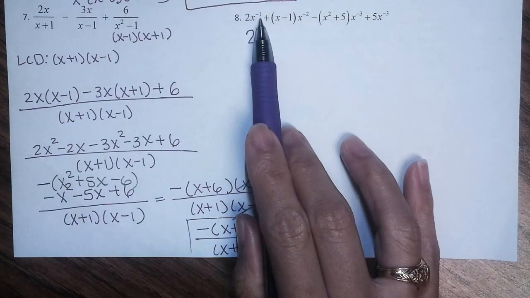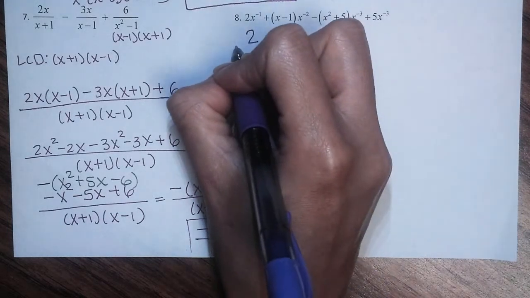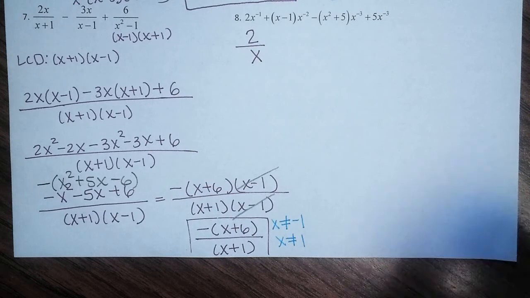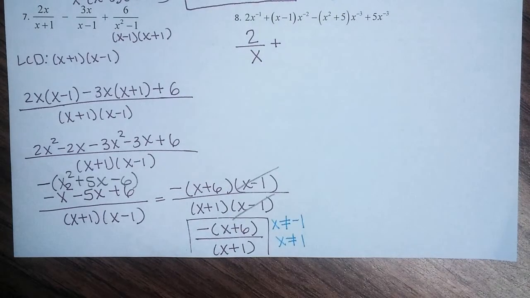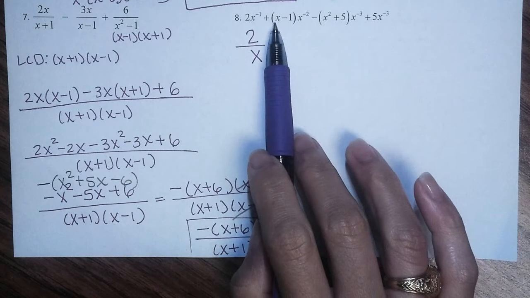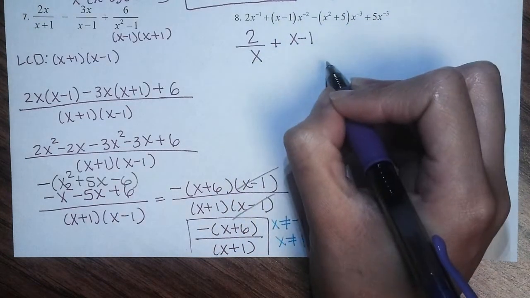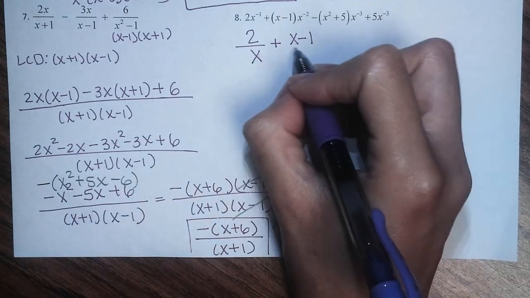Now the x has a negative 1 as the exponent, so I'm going to put it over x to the first to make it positive. Plus x minus 1 is going to stay right where it is on the numerator because it's not being raised to a negative exponent, so let's leave it as x minus 1.